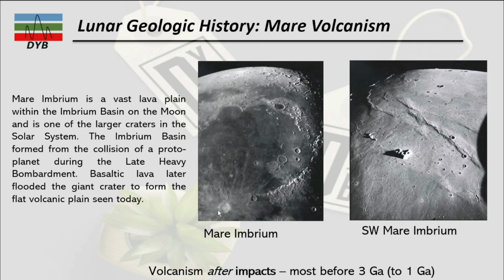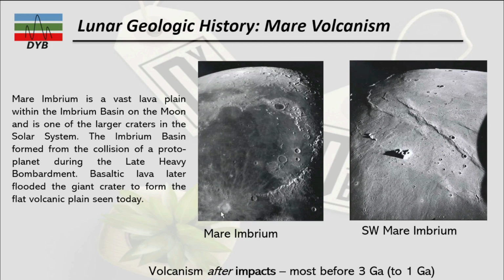Over here you can see the Imbrium Basin. The basaltic lava later flooded the giant crater to form the flat volcanic plain seen today. Today it appears to be very flat, but this is because of the lava flow on the surface of this basin.